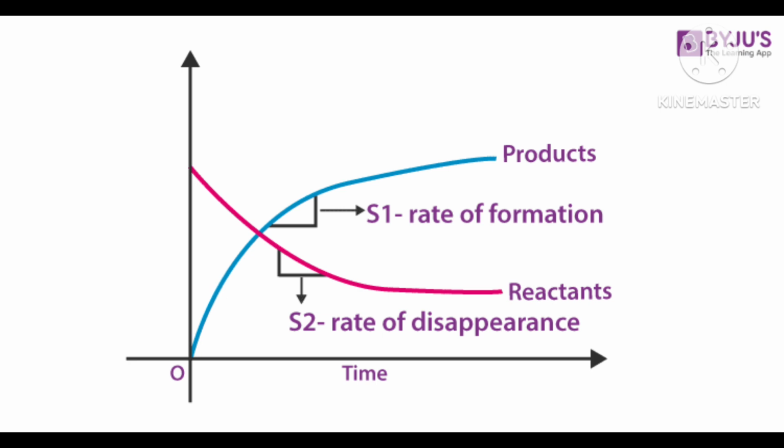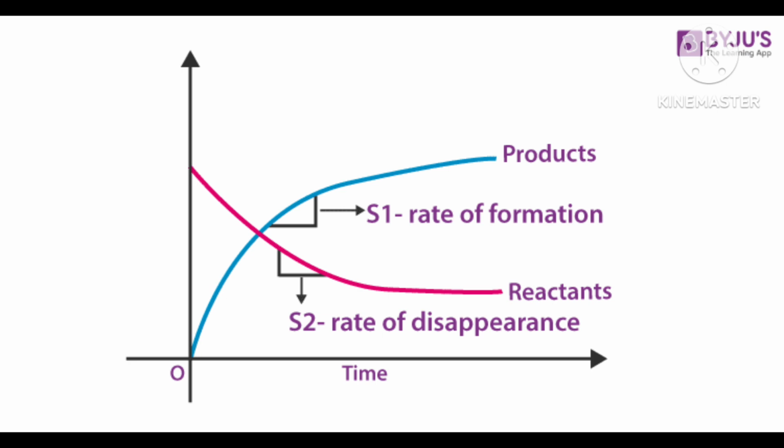In another beaker, 100 ml water and 10 gram sodium chloride. In a third beaker, 100 ml water and 15 gram sodium chloride. Then all three solutions have different concentrations.